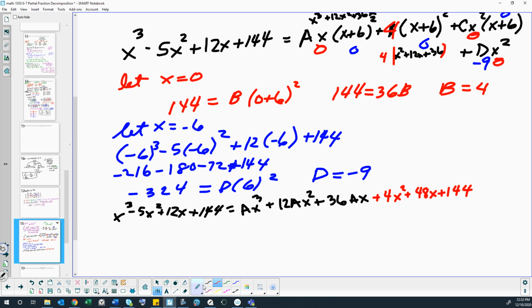Next, this one's easier because we've just got c times x squared times x. So cx cubed plus 6cx squared. And then our last part we know is a negative 9, so negative 9x squared.